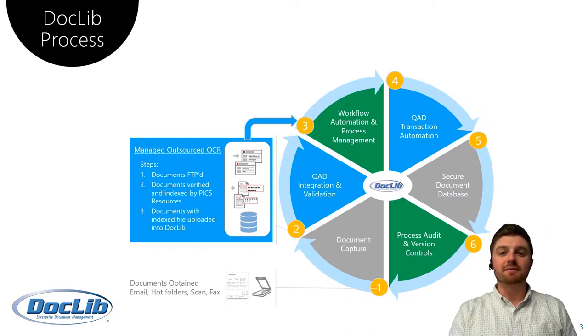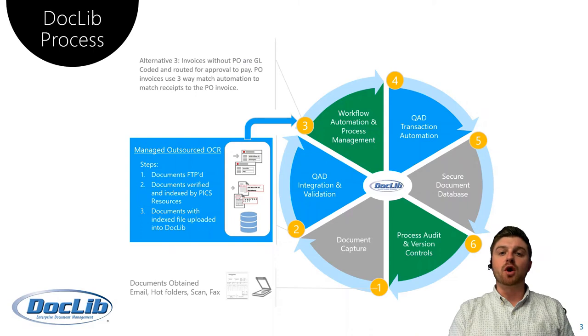The important part of this step is basically we are able to quickly and efficiently capture all the important keywords and values off of this invoice, such as the invoice date, invoice number, supplier name, supplier code out of QAD, pricing, etc. After we pull all of this relevant information off of the document, we can then start to utilize the workflow engine within DocLib to process this invoice, eliminating the typical manual work that your team would have to do in their process.